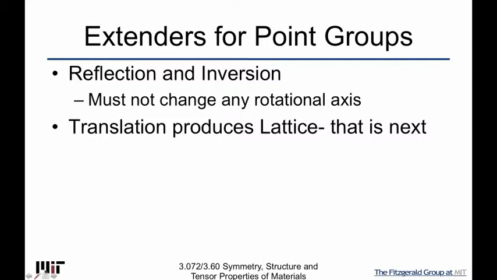And the qualification is that you can't change any rotational axis. So for example, if I have a rotational axis here and I want to put a mirror plane, because now we're in 3D, so this is a mirror plane, pretty much if I put it at any angle here, it's going to force this guy to be reflected, and I'll have some weird kink, and to have an axis continue, I'm going to create a new axis.